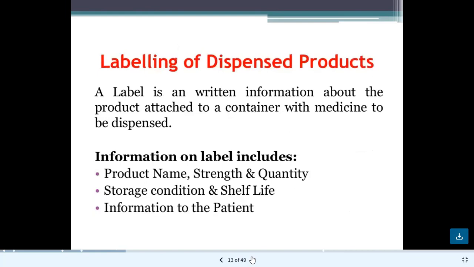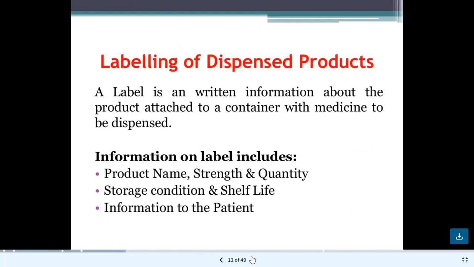Labeling of dispensed products. A label is a written information about the product attached to a container with medicine to be dispensed.